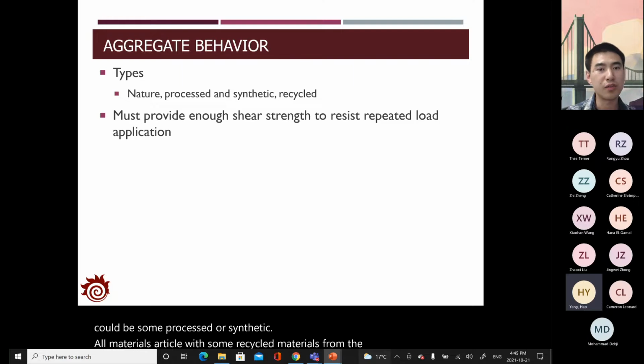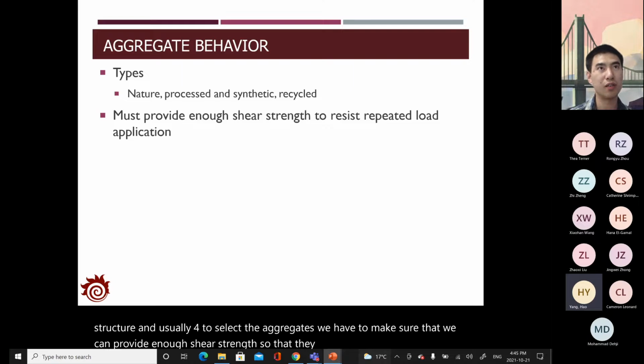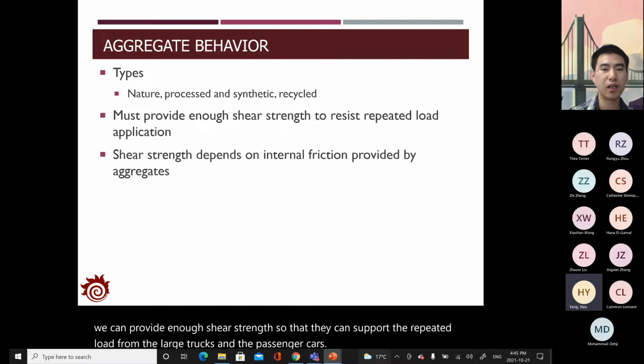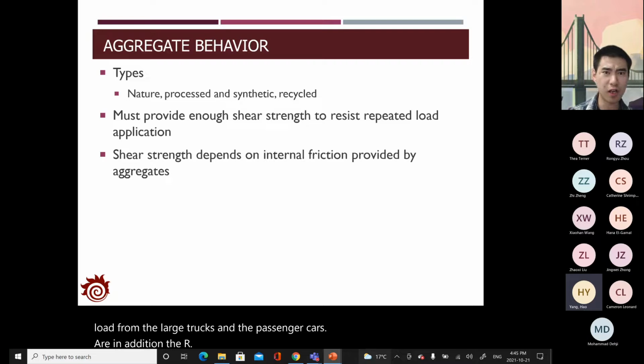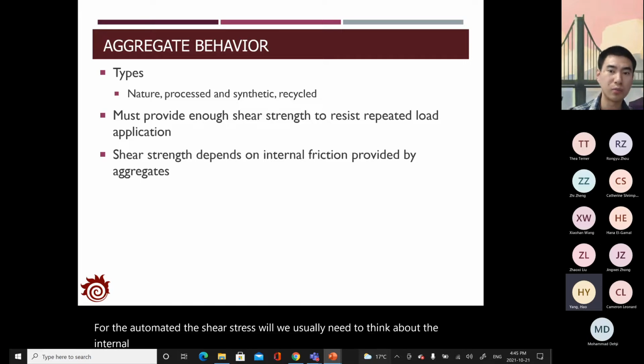And usually to select the aggregates, we have to make sure that they can provide enough shear strength so that they can support the repeated load from the large trucks and the passenger cars. In addition, to measure the shear stress, we usually need to think about the internal friction, and that one would be one important property for the aggregates.